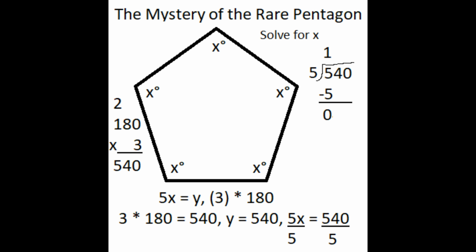Then the 4 from 540 gets brought down. So the 0, 4 and 4 is really the same thing. How many groups of 5 go into 0, 4? 5 is a greater number than 4, so the answer is 0, and that goes above the 4 in 540. The 0 in the quotient gets multiplied by the divisor of 5, and it gives me the answer of 0.